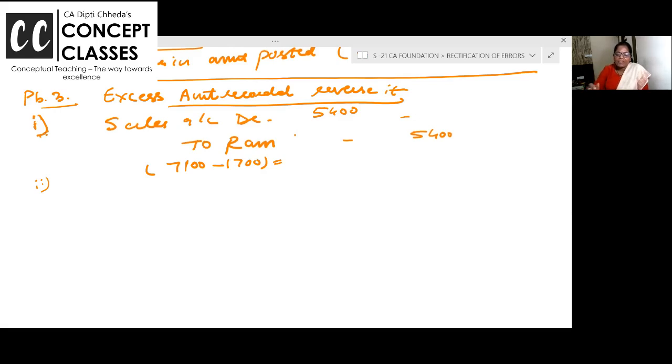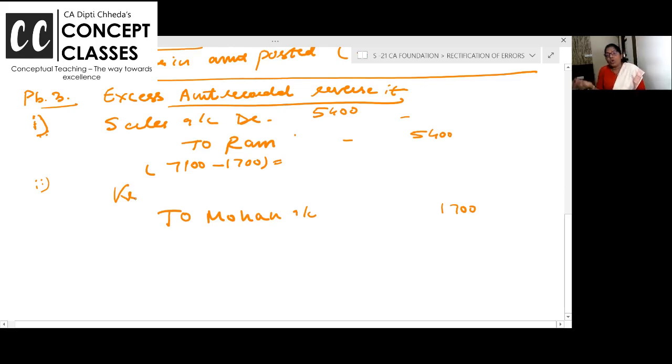Party's name is wrong. So you have sold the goods to Mohan. You didn't credit the Mohan. Now credit Mohan's account 1,700. Mohan का account credit करो. And by mistake you have credited Krishna's account. So to nullify Krishna's account, wrong credit, debit Krishna's account.